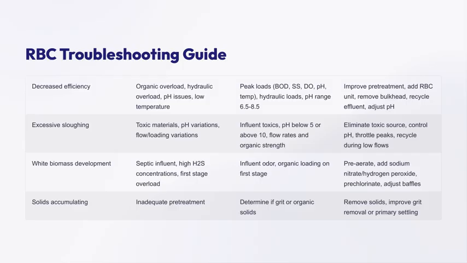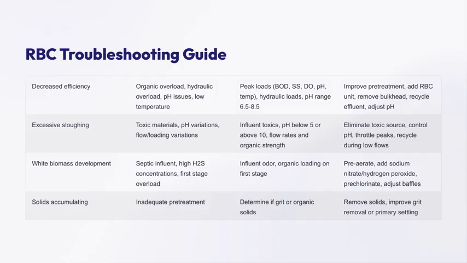Next, we have excessive sloughing. This usually results from toxic materials, pH fluctuations, or variations in flow and loading. To mitigate sloughing, you should aim to eliminate toxic sources, control the pH, keeping it in a safe range, manage flow peaks, and recycle effluent during low flows to stabilize conditions.